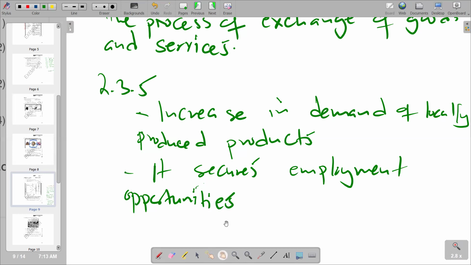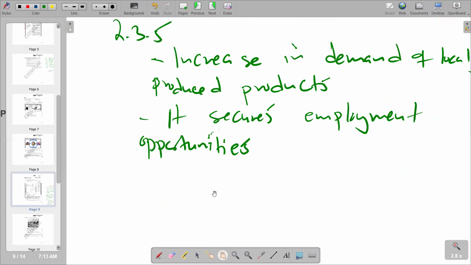So also, let's see, it leads to economic growth. Remember, economic growth is described as the increase in the total monetary value of goods and services that are being produced in the country from year to year. So if the total monetary value of goods and services produced in the current year is greater than what we produced last year, we say there is economic growth.